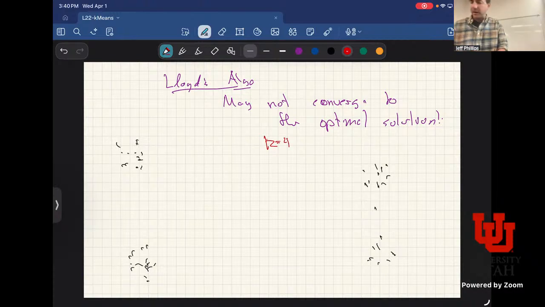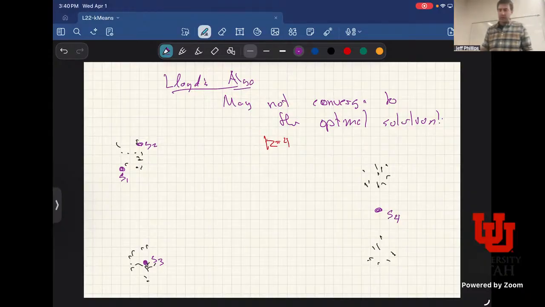And now I'm going to pick some sites here. We're going to pick S1 here, S2 here, S3 as one of these in the middle here, and S4 here. Okay, let's draw the Voronoi diagram of these.